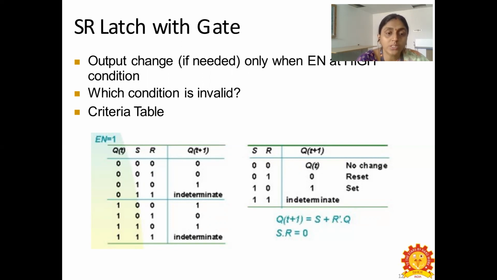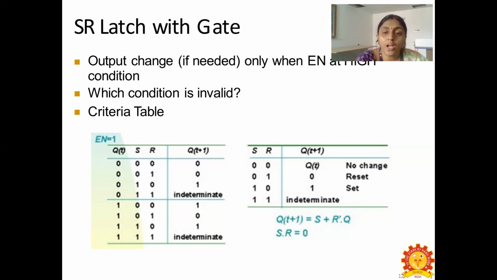When S is 0 and R is 1, then the next state value is 0. And when S is 1 and R is 0, the next state value will be 1. And again the invalid condition where S and R values are both 1 forms an invalid condition.